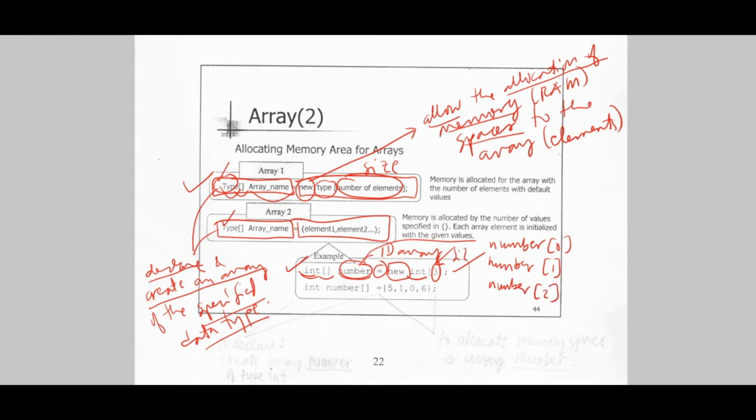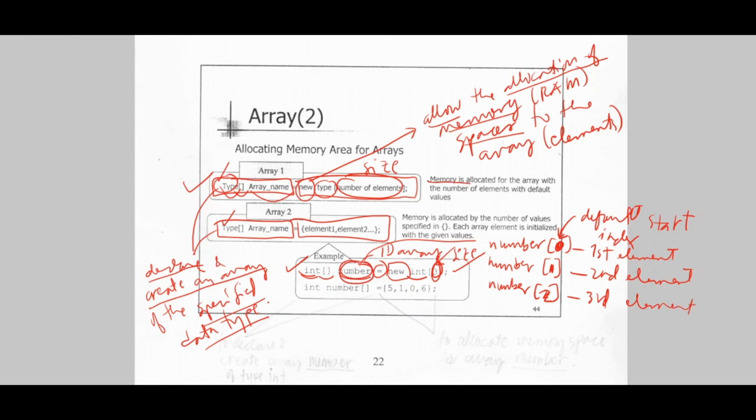Since the size of the array is 3, we start with the default start index 0. This is the first element of the array. The next index is 1, the second element of the array. And the next index is 2, the third element of the array.